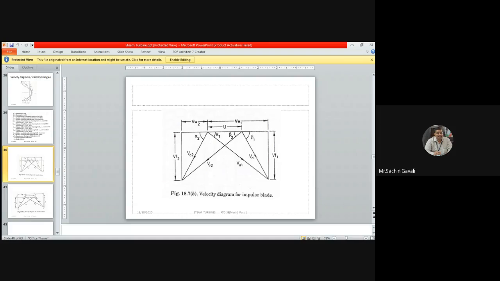Now we'll go for that. But before that, I think I have to draw this diagram.